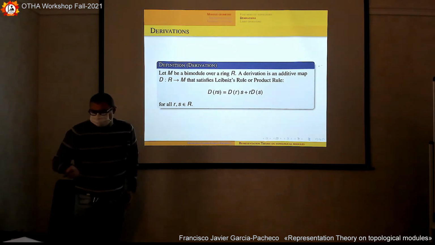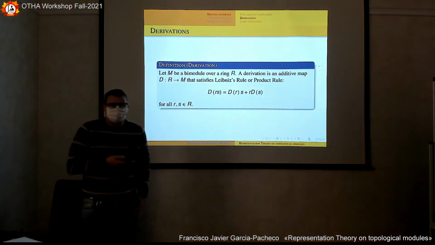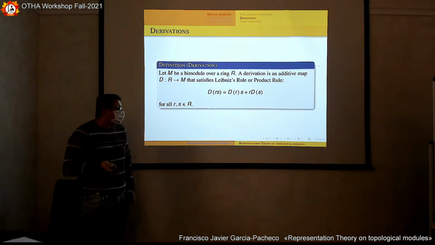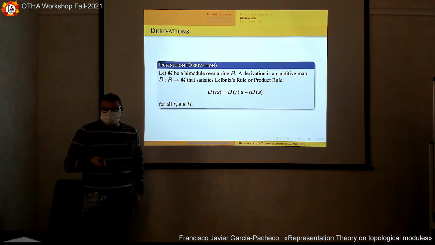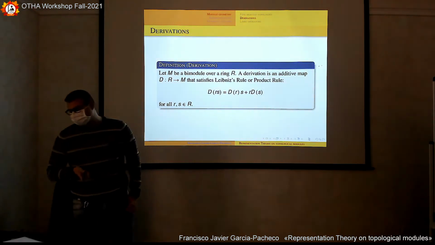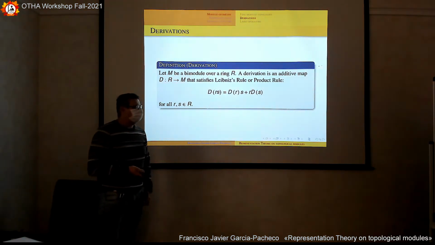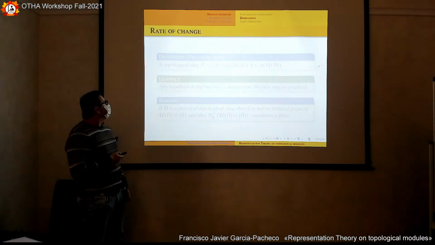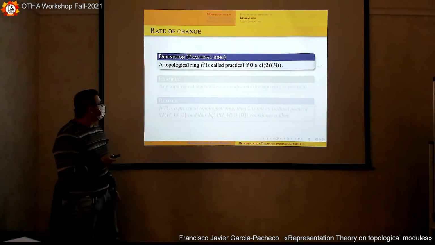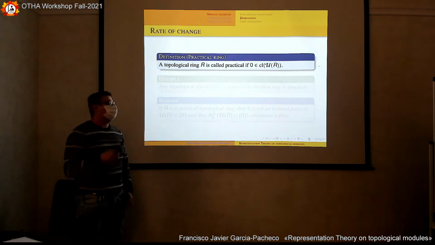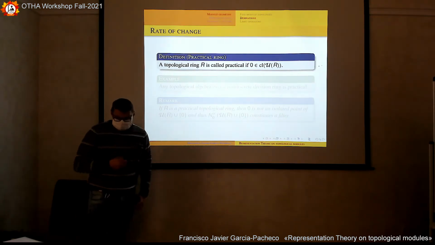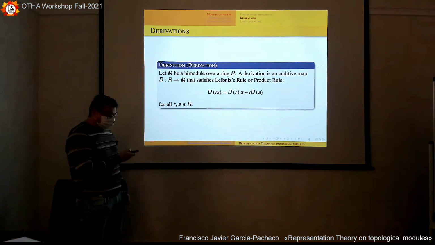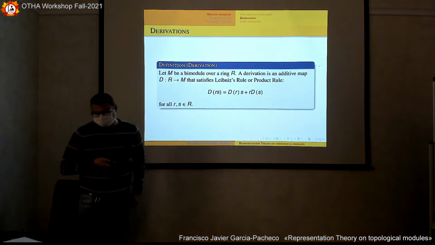There are many examples of derivations. They have been studied a lot in operator theory. Mostly the inner derivations are very famous in algebras. So we're going to construct a particular derivation in this setting, in the setting of topological modules.